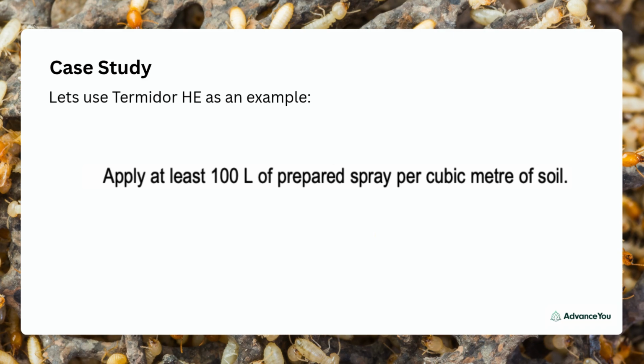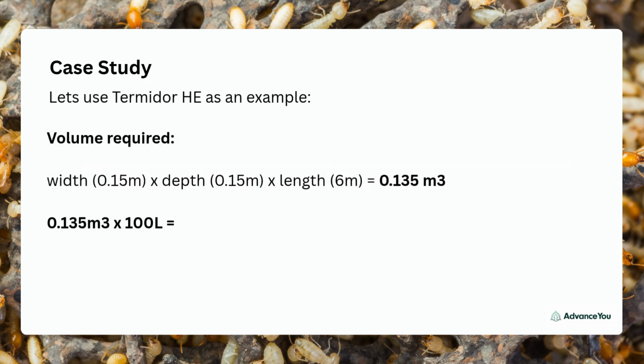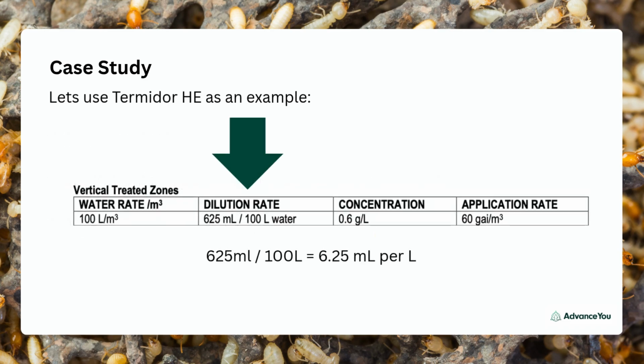The label of this product tells you to apply at least 100 liters of prepared spray per cubic meter of soil. So you now need to multiply your answer by 100. This means you need 13.5 litres of prepared emulsion to trench a 6 metre length. The dilution rate for this product is 625 millilitres per 100 litres of water.